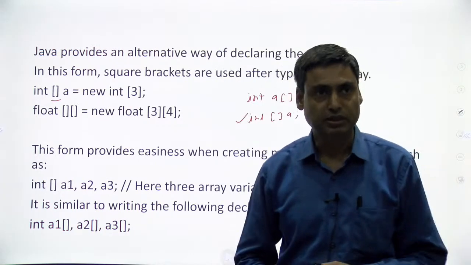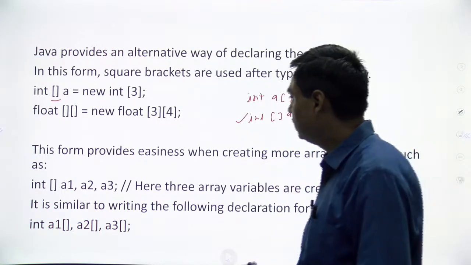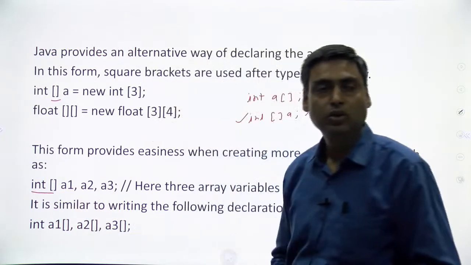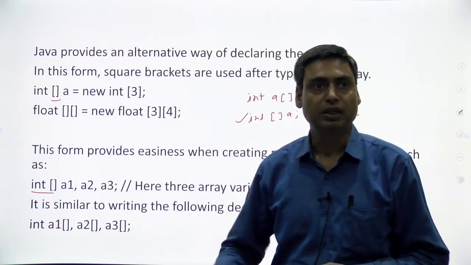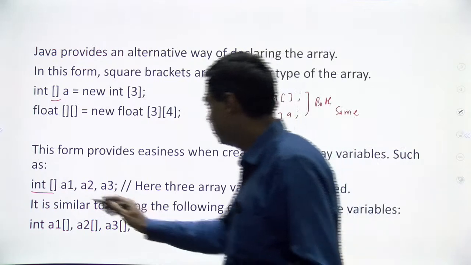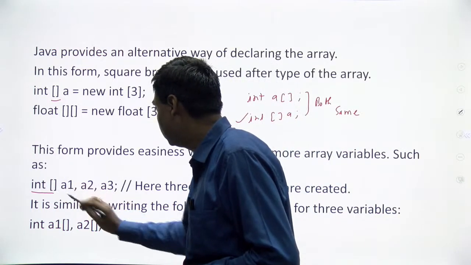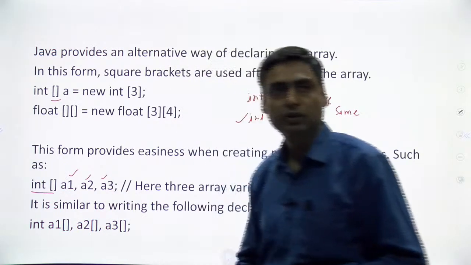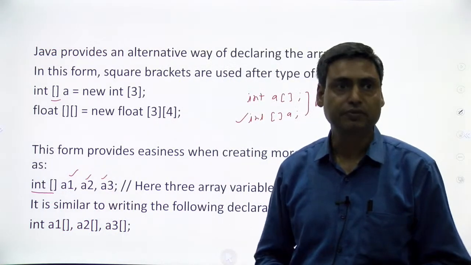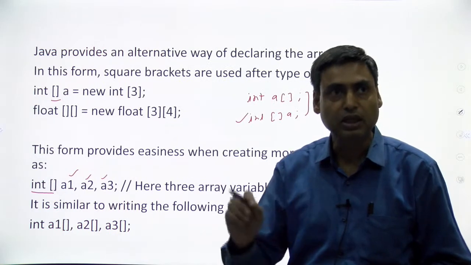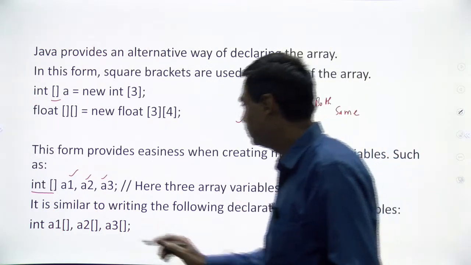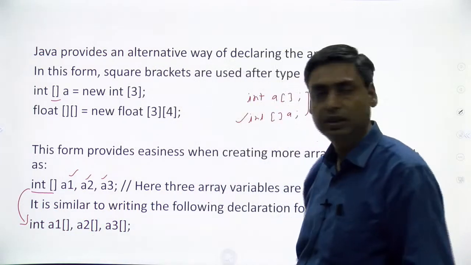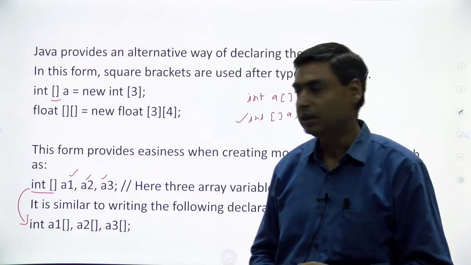What is the advantage? The advantage is, with the help of this notation, you can declare more than one variable. For example, int bracket, we have declared 3 variables at a time, a1, a2, a3. Meaning 3 arrays are defined, a1, a2, a3 in a single line. It is the same as int a1 bracket, a2 bracket, a3 bracket.